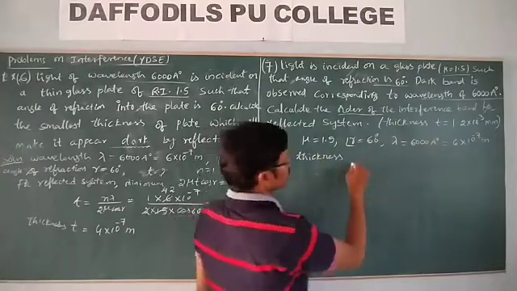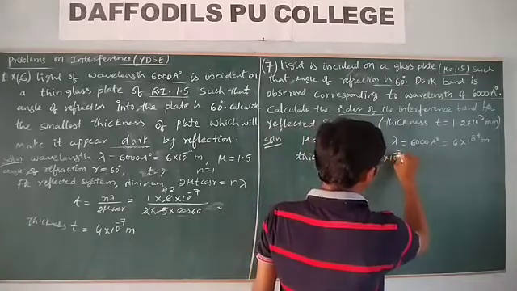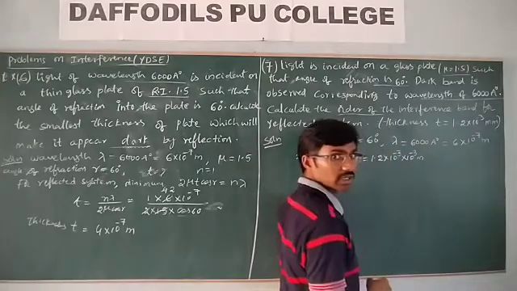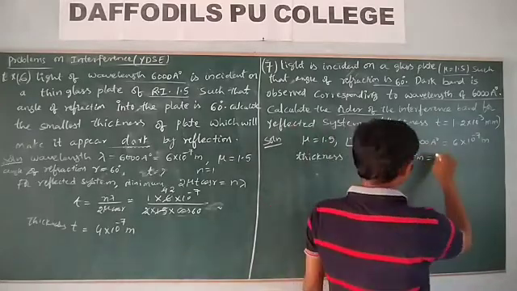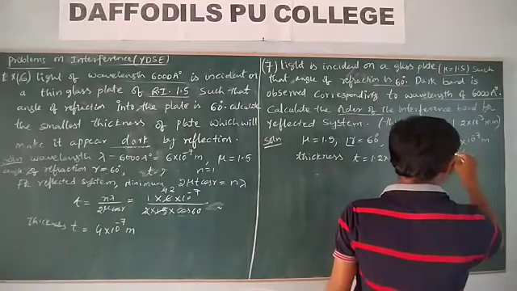Thickness T is equal to 1.2 into 10 power minus 3 into 10 power minus 3 meter, millimeter converted to meter. That is equal to 1.2 into 10 power minus 6 meter.